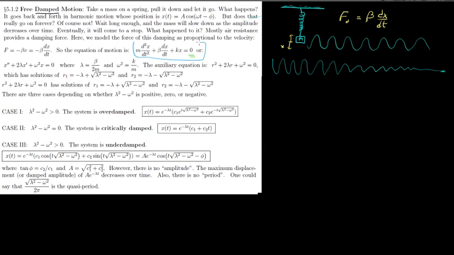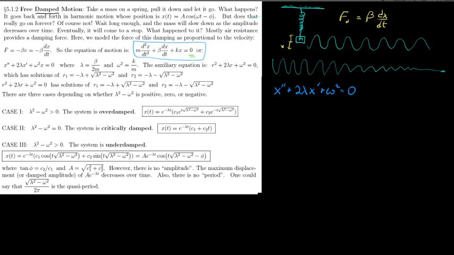If you divide both sides by m, you get this equation, and let me copy it down because this is the one we're going to be working with for a while: x double prime plus 2 lambda x prime plus omega squared x is equal to 0.